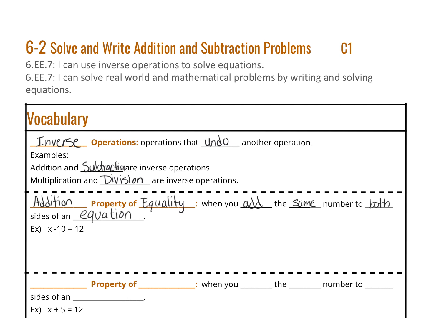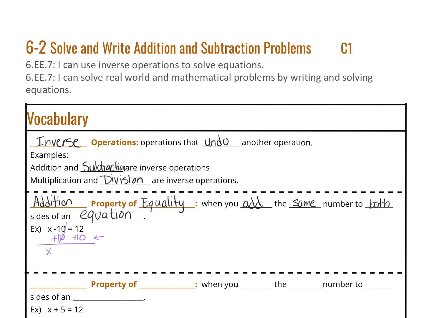All right, so we're going to talk about two different types of property of equalities. The first one is addition property of equality. It's not that hard. It's just when you add the same number to both sides of the equality. Meaning that if I add 10 to the left side of this equal sign and I add 10 to the right side, I will still have the same amount, okay?